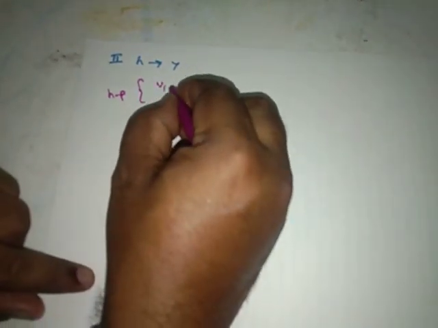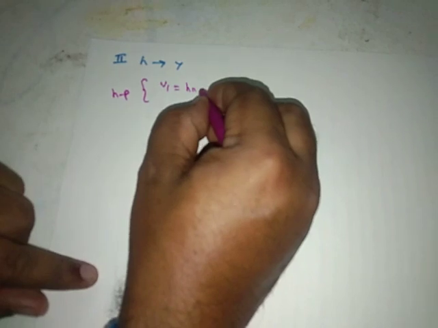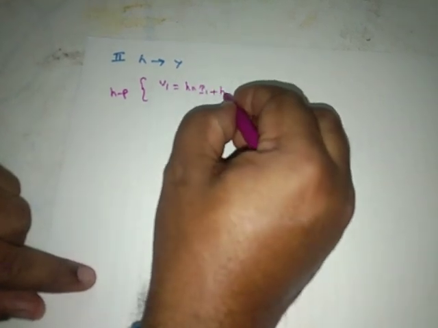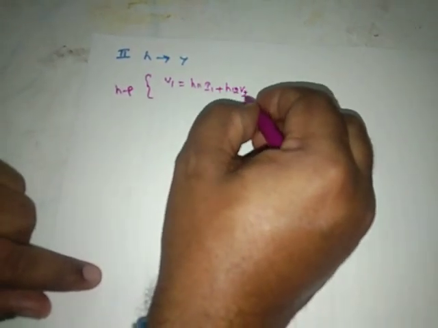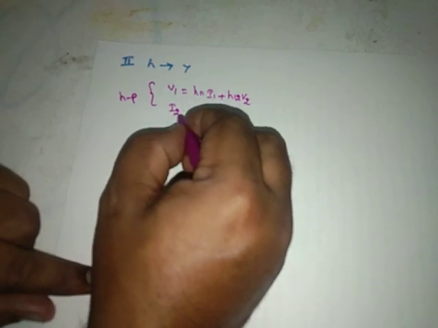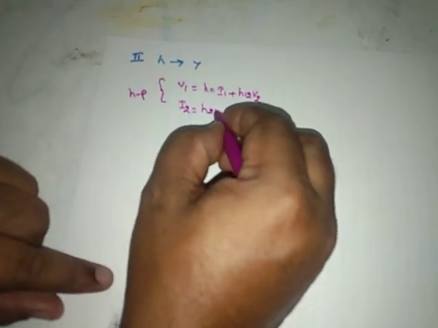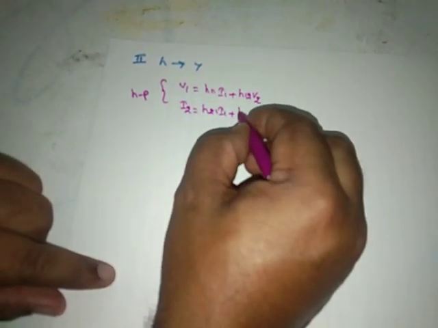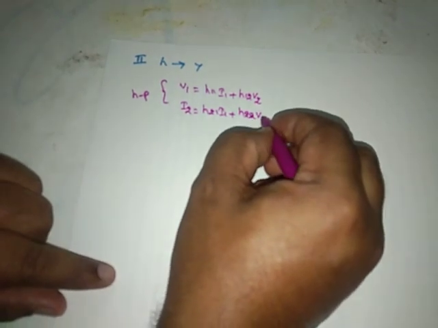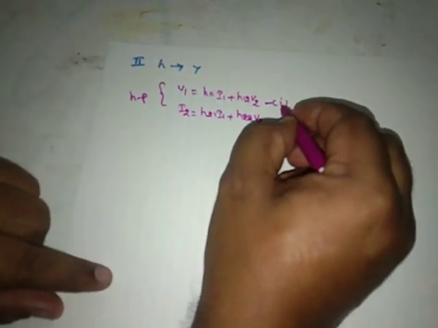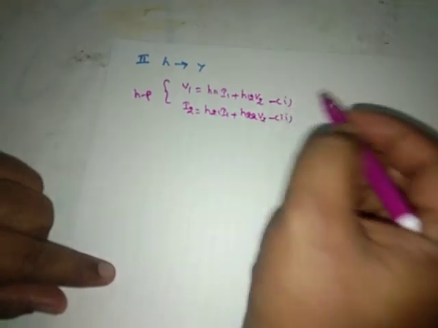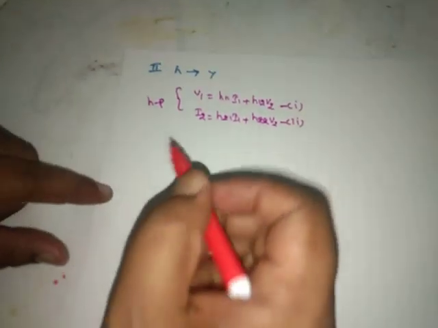V1 is equal to H11 I1 plus H12 V2. Then I2 is equal to H21 I1 plus H22 V2. These two are the basic equations used in H parameters.